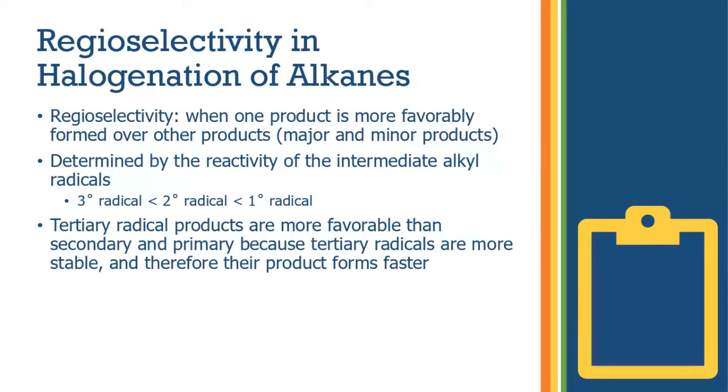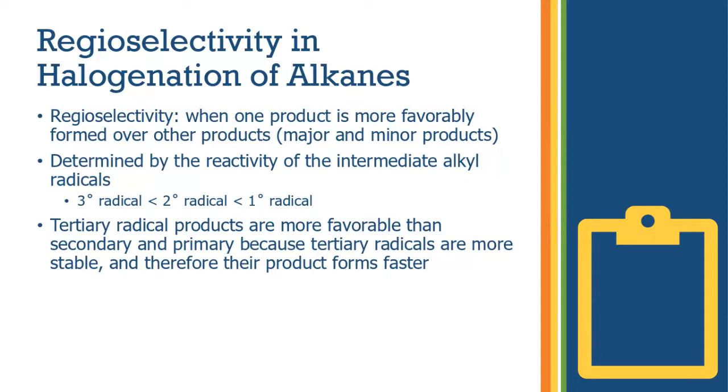Regioselectivity in halogenation of alkanes is determined by the reactivity of the alkyl radicals that are formed in the intermediate step. If you remember, a tertiary radical is a radical where the unpaired electron is on a tertiary carbon, connected to 3 other carbons. So tertiary radicals are more reactive than secondary and primary.